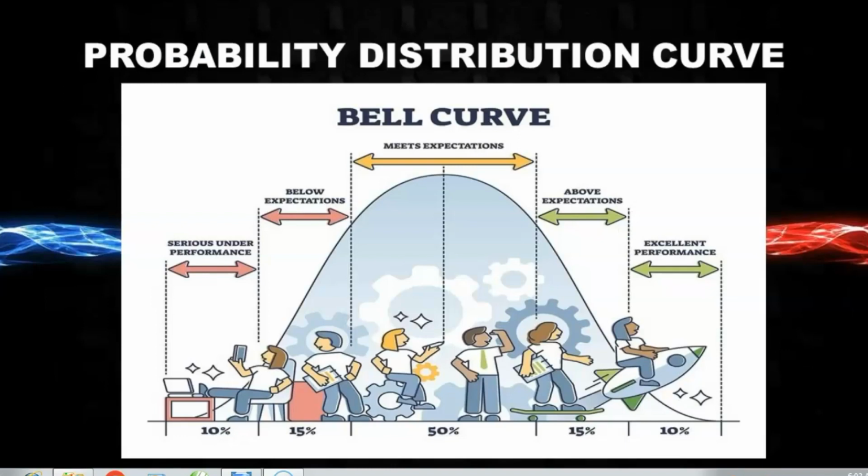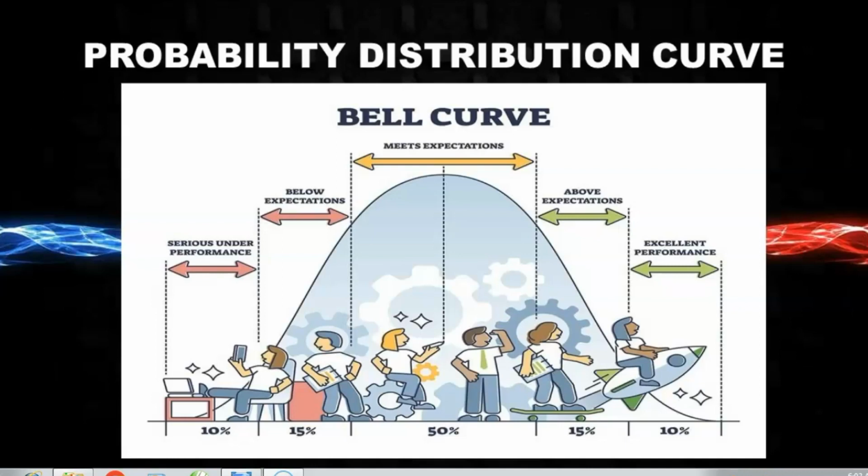Probability distribution curve, known as the bell curve. This diagram that I'm showing you describes the live phenomenon. In a live phenomenon situation, there are people that underperform. Their performance is seriously underperformance. There are some that are below expectation.